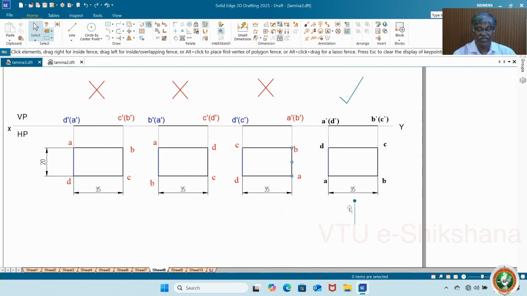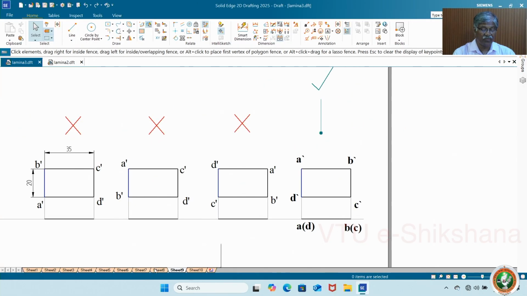You are looking from this direction, nearer to you is AB. Only these 2 points are visible in front of you, A dash, B dash, and invisible points are seen. In top you will get everything. See, no bracket. Why do you keep it in bracket? Because invisible points should be placed in bracket. First visible points start from left extreme corner, then remaining points will be invisible. Whichever invisible you keep, in bracket.